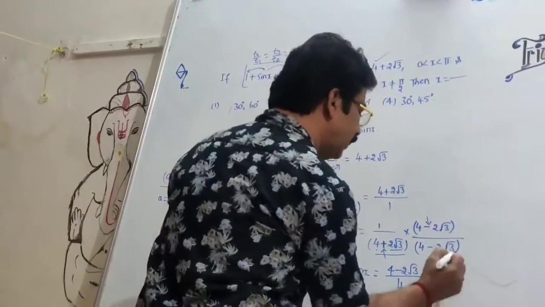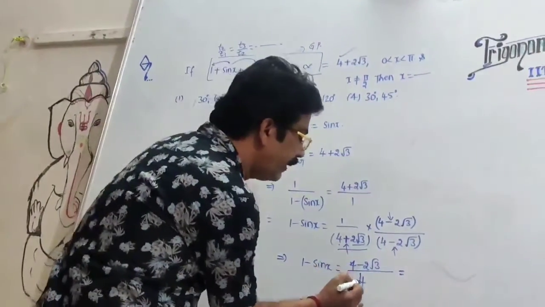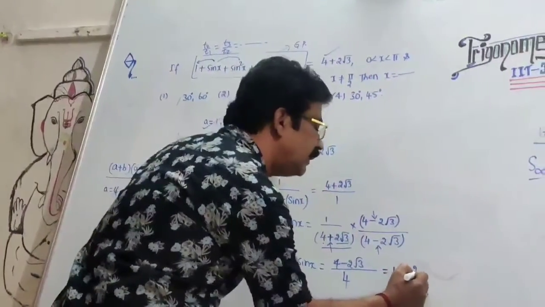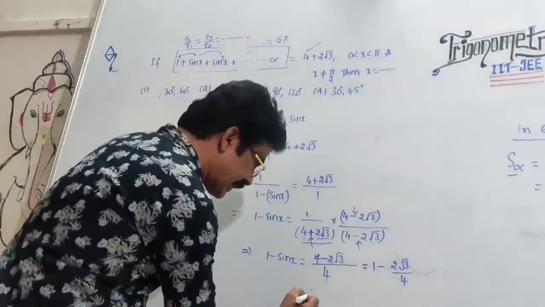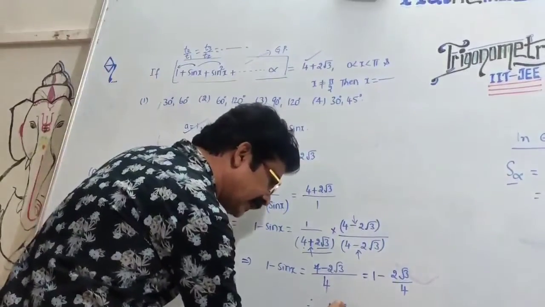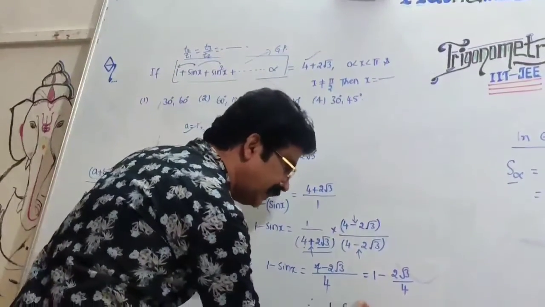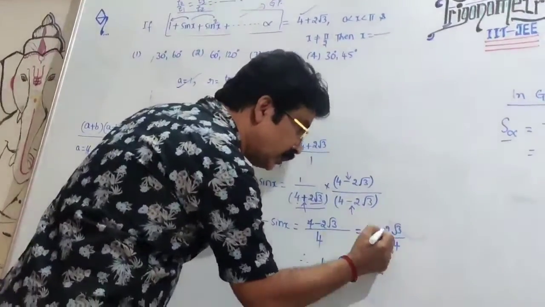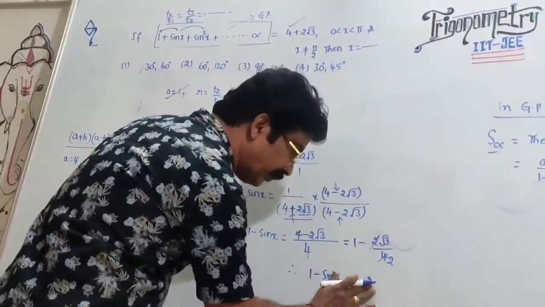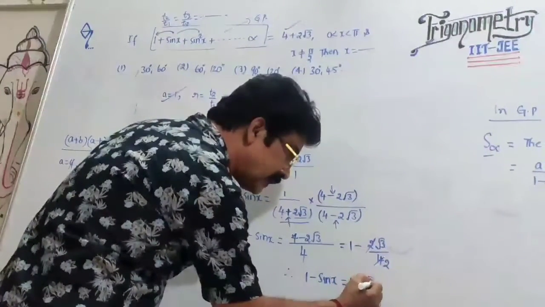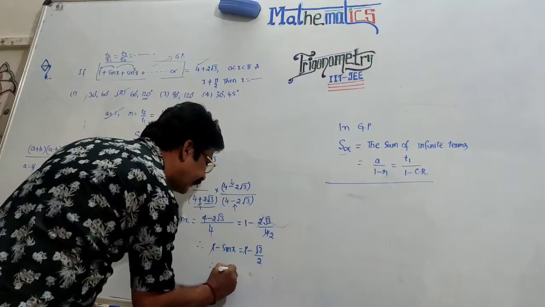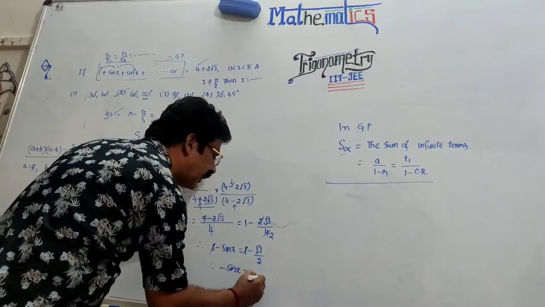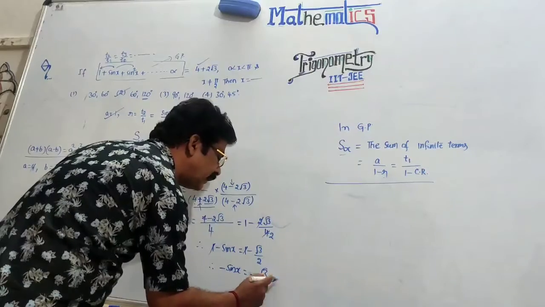So that is equal to 4 by 4, 1 minus 2 root 3 divided by 4. So therefore 1 minus sin x is equal to 1 minus root 3 by 2. So 1 cancels, minus sin x equal to minus root 3 by 2.